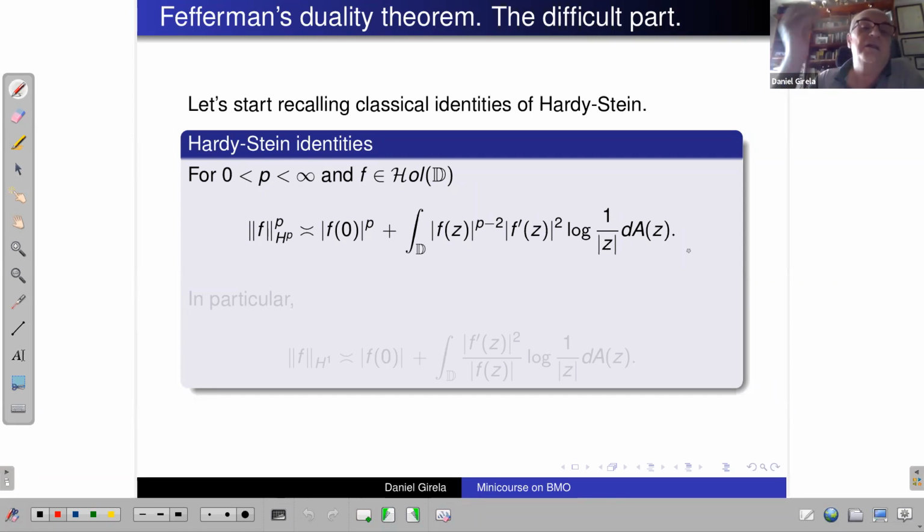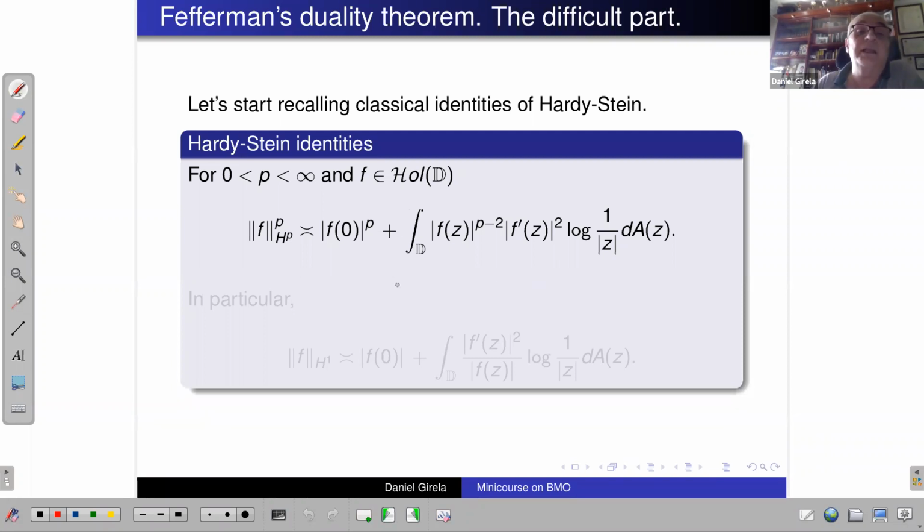We just have to take the derivative with respect to r of the integral means of order p, and then more or less one gets this. Actually, we are going to be interested in this Hardy-Stein identity for the case p equal 1.